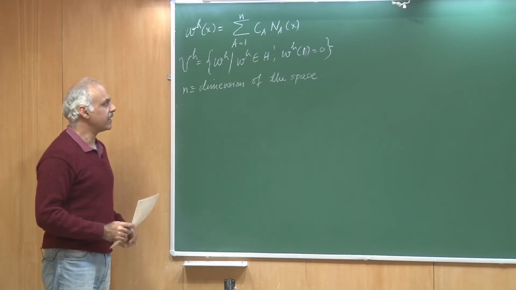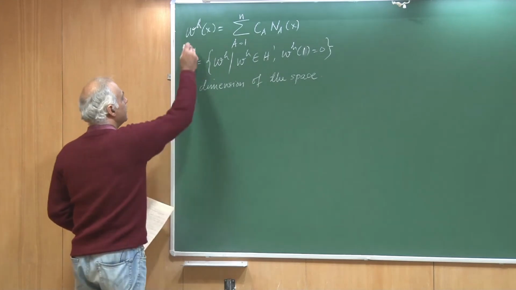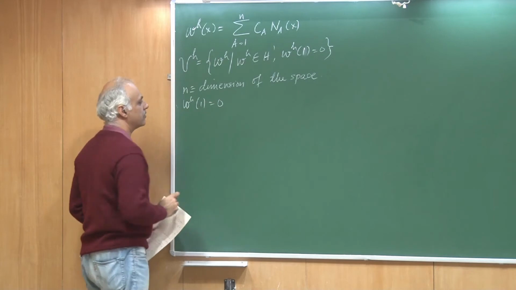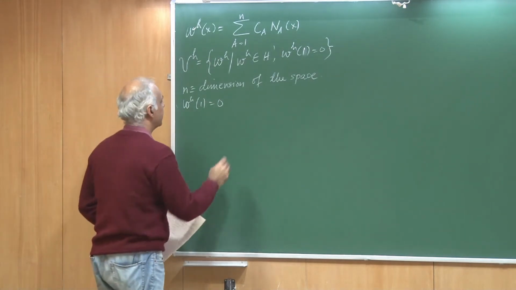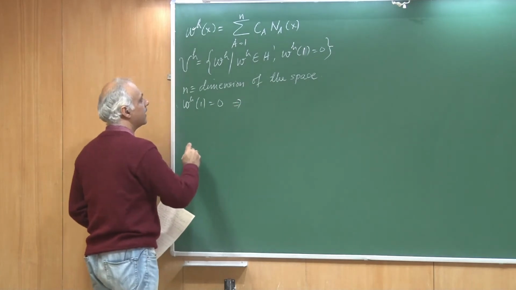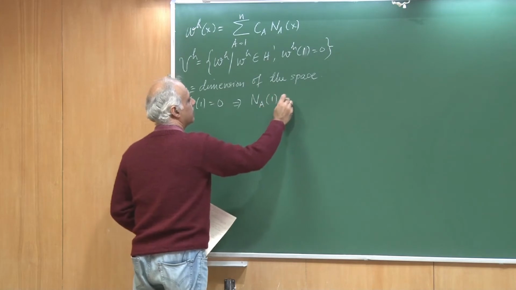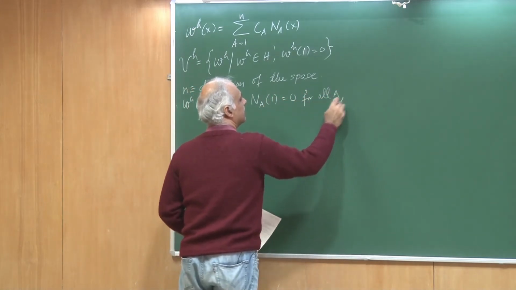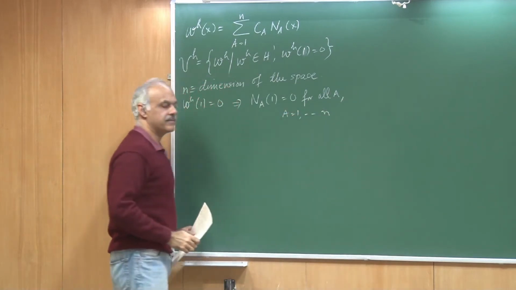Of course, we could find other bases also. In that sense, the basis is not unique. We also need to have Wh(1) equal to 0. Okay, that's a requirement of the space, and you can see that this would imply that my functions N_A at 1 should be 0 for all A going from 1 to n.